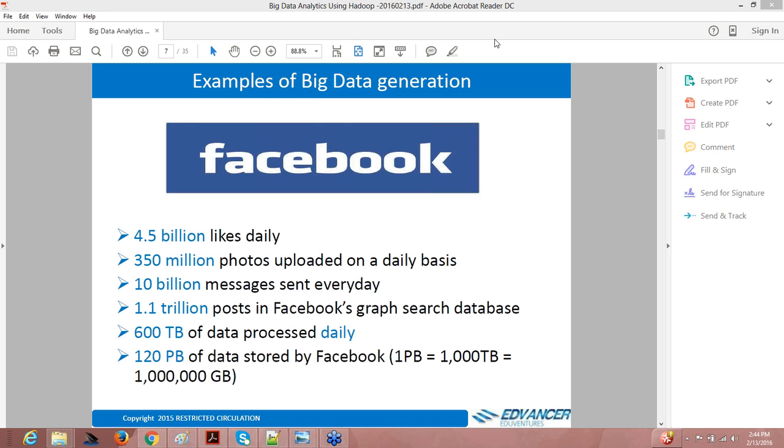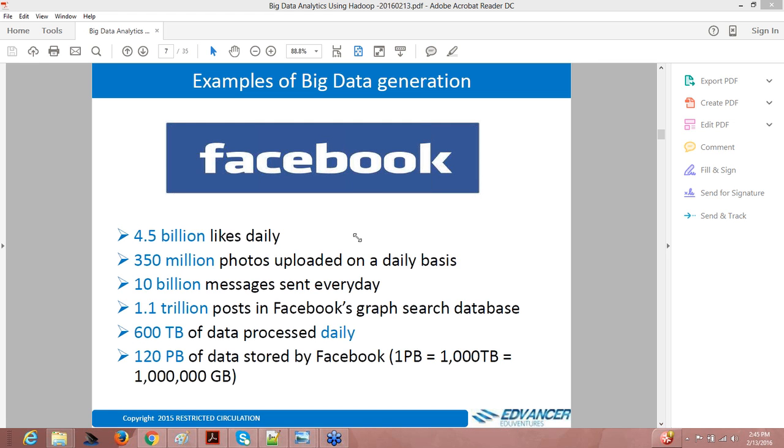Now, having understood the definition of big data, where is it really getting generated? That's one of the questions naturally we'll have. Yes, big data is indeed getting generated at different sources. Facebook is one of the popular sources. Why so? Because Facebook has a huge number of registered users. Facebook has more than 1 billion users, out of which 300 to 350 million users are active at any point of time every day.